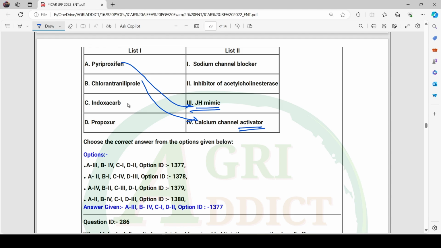Then indoxacarb is a sodium channel blocker. And propoxur, a carbamate, is an inhibitor of acetylcholinesterase, the mode of action of both carbamates and organophosphates. So option 1, that is A3, B4, C1 and D2, is the correct answer.